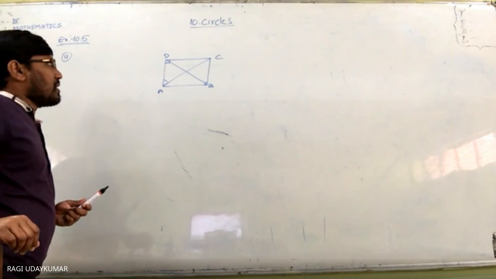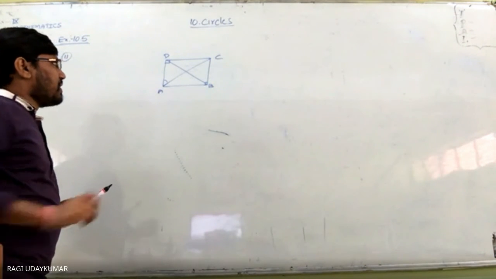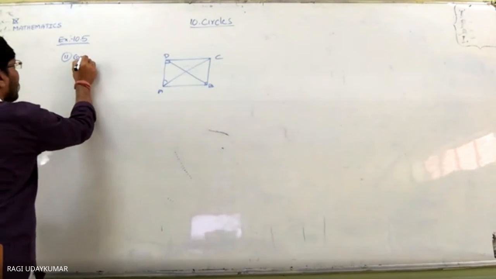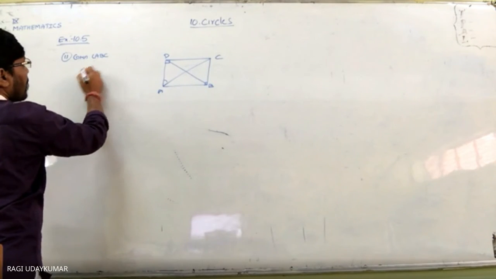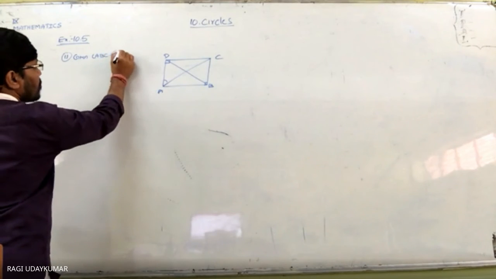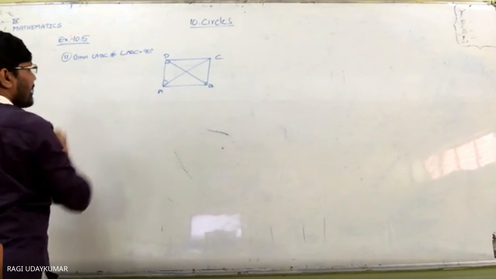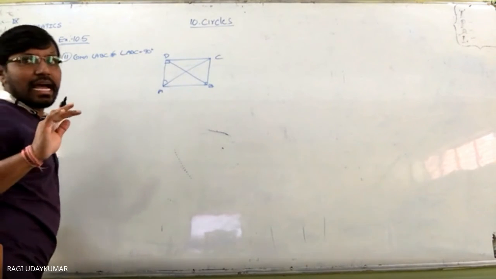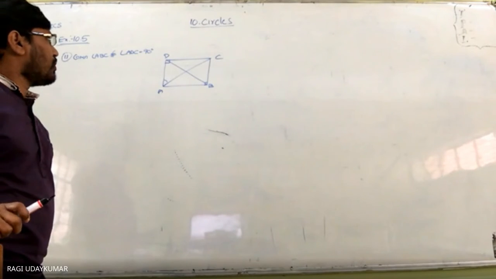How do we use the circle here? Okay, first let us write the given. Given angle ABC is equal to angle ADC, which is equal to 90 degrees. Right angle triangles, AC is the hypotenuse.